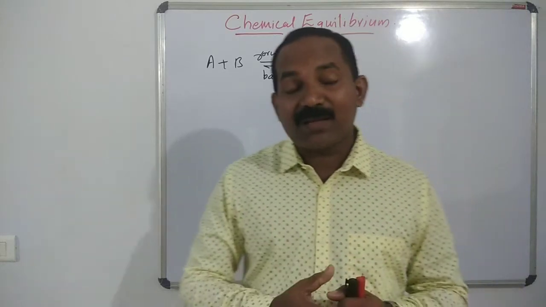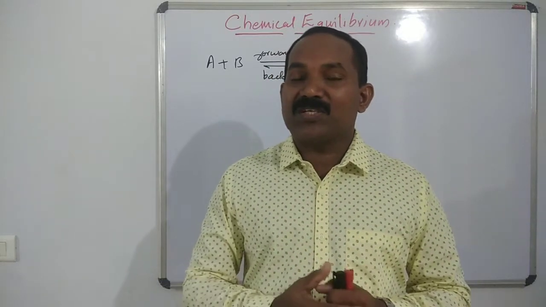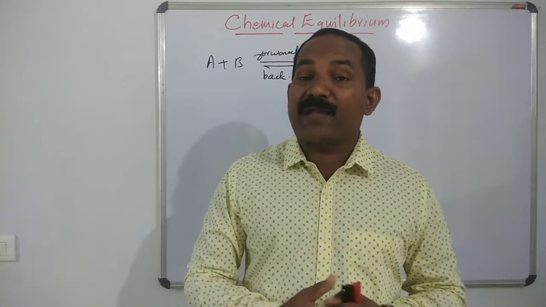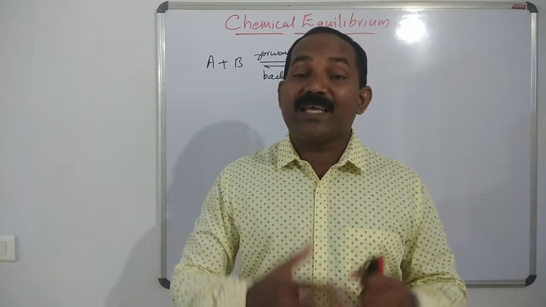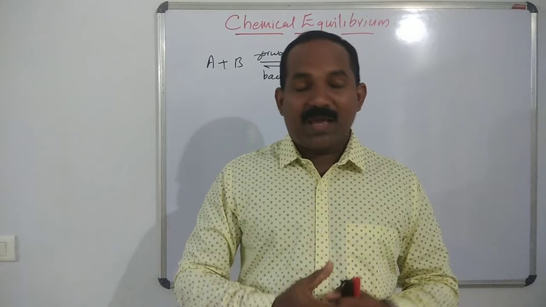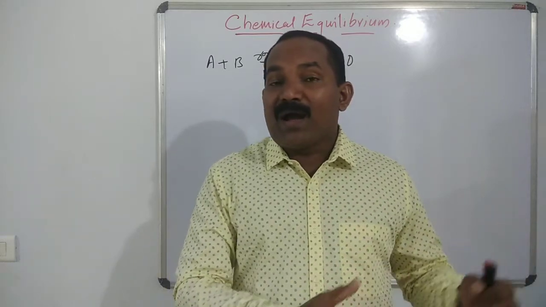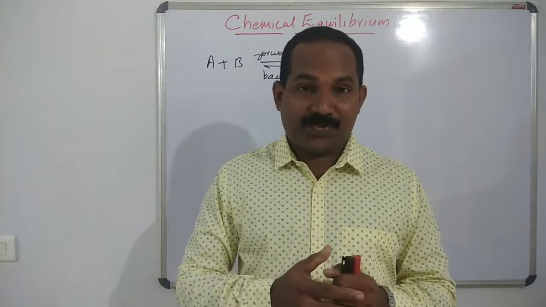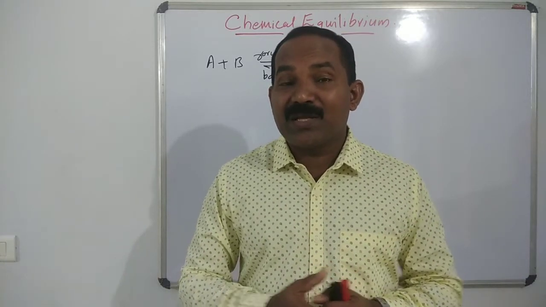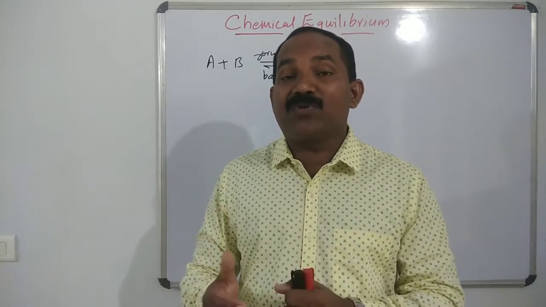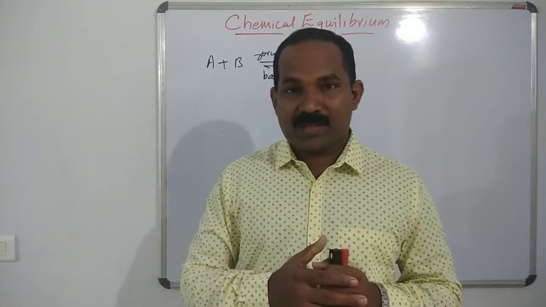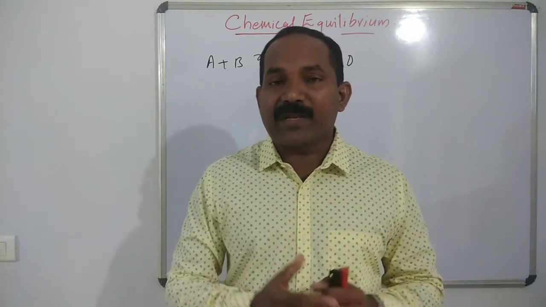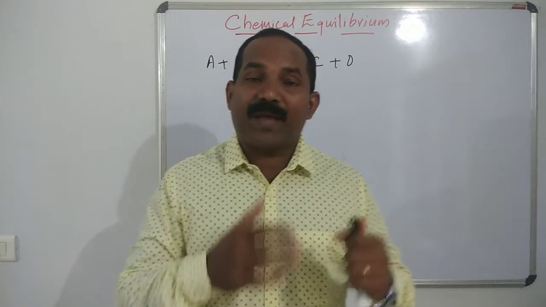Once again, we consider a general process. A combines with B to form C and D, and after some time an equilibrium is reached. How is the equilibrium reached? As C and D decompose to give A and B, the rate of the forward reaction becomes equal to the rate of the backward reaction.